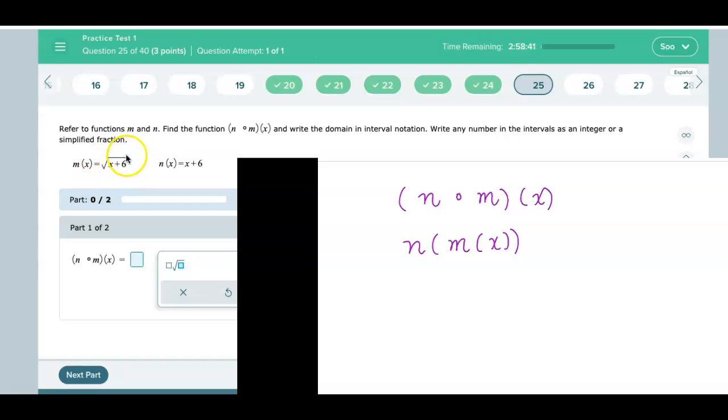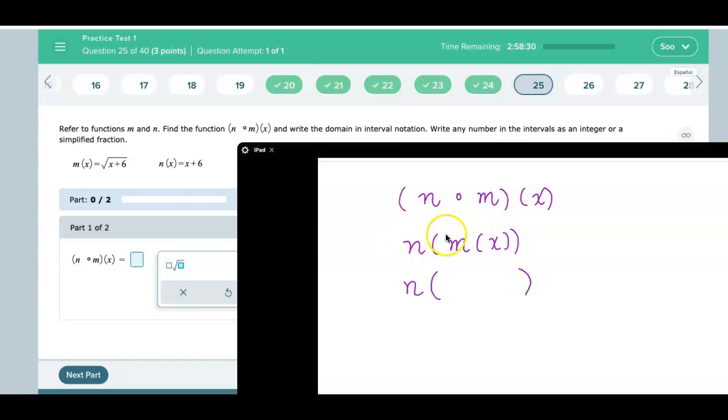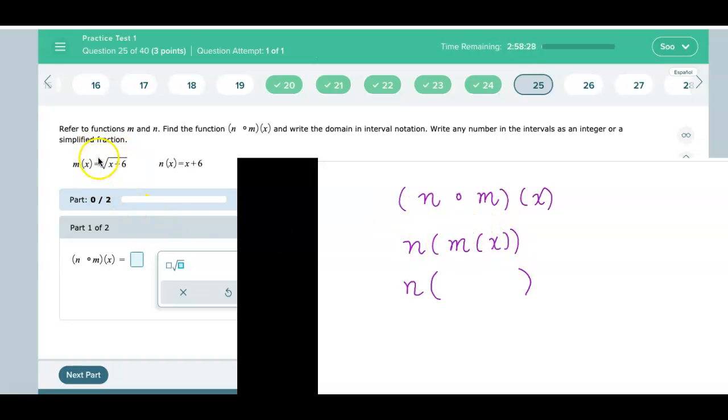That's what's happening. So let's look at what m is. So m is the square root function. So what I will do is I will just keep that n with the parenthesis open. But inside, let me replace this m of x with this square root because that's what m of x is, right? So inside, I will put square root of x plus 6. Now we need to plug in the square root of x plus 6 into n.